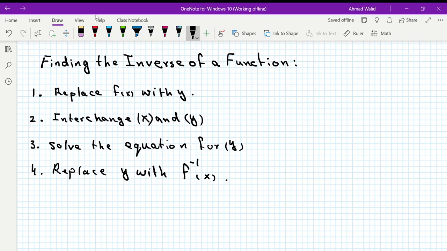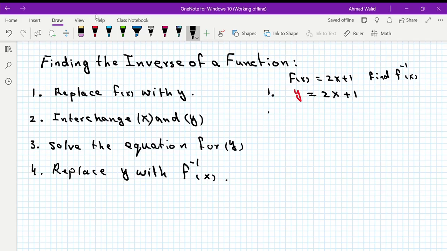For example, f of x equals x plus 1. They're asking you to find f inverse of this function, f inverse of x. Step 1, I'll just follow the steps. Replace f of x with y. Then I will write y equals x plus 1.